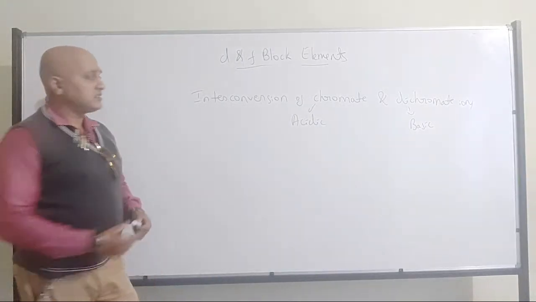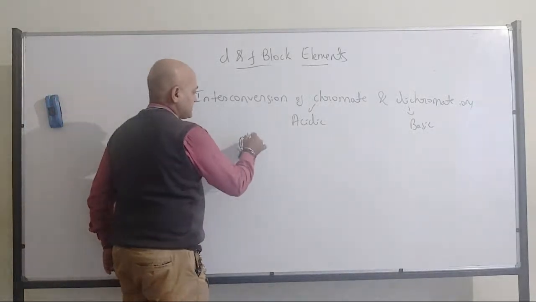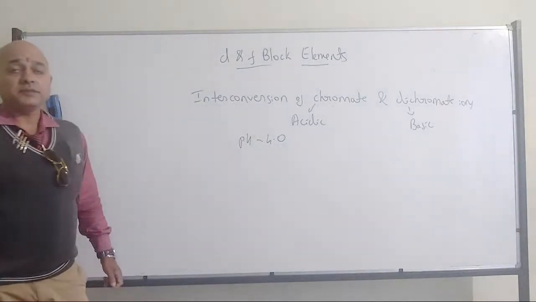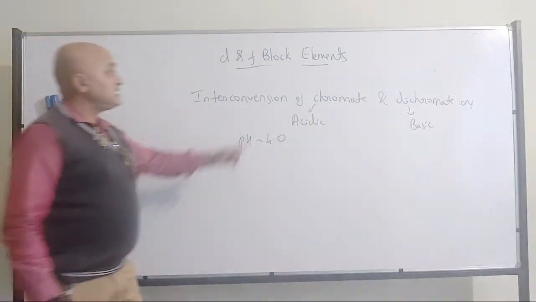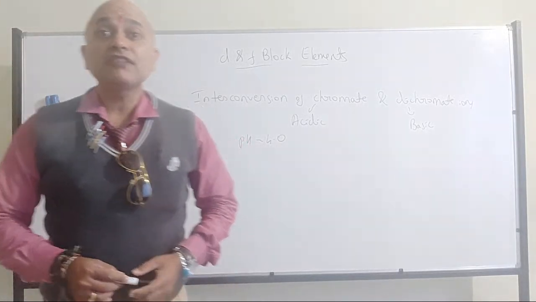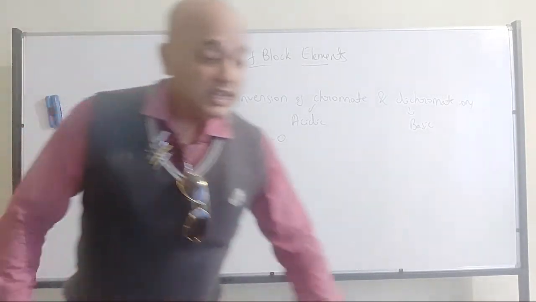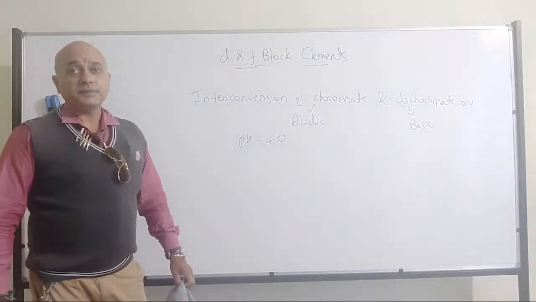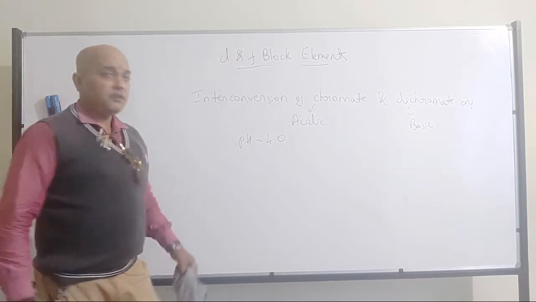Same way, Mayank was telling about pH 4. Yes, we have discussed pH 4. At pH 4, these two ions will be in equilibrium. That means equal amounts of these two will be present at pH 4. All of you have understood?